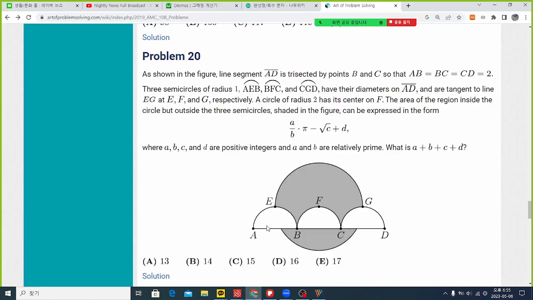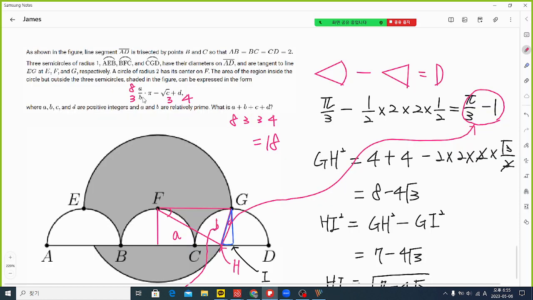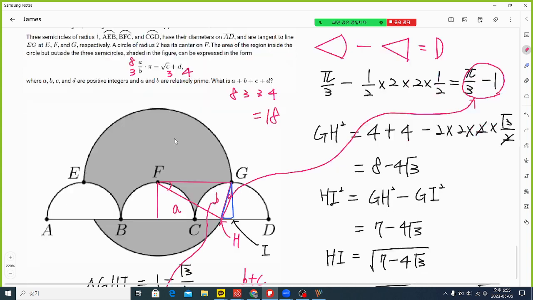Where is 18? What is going on here? Let me see. We can simplify this. No. So what is wrong with this? Oh my.